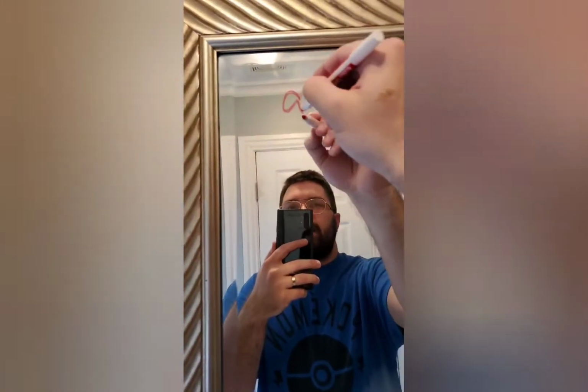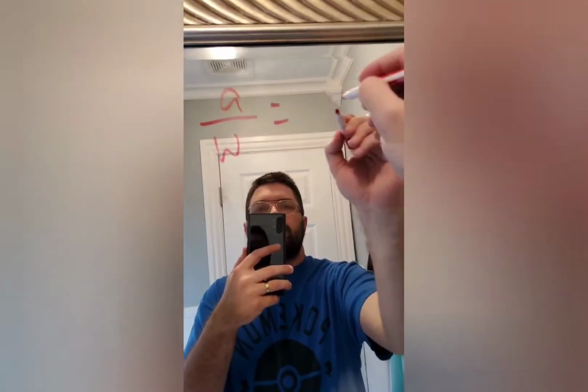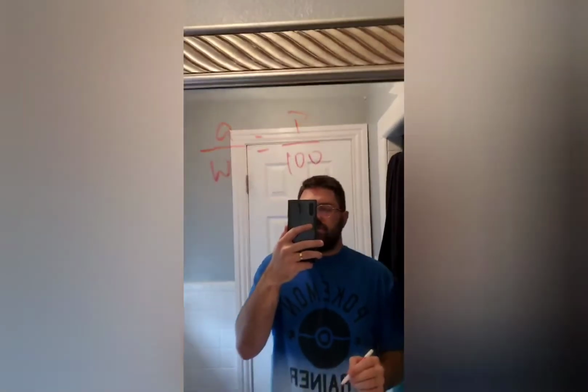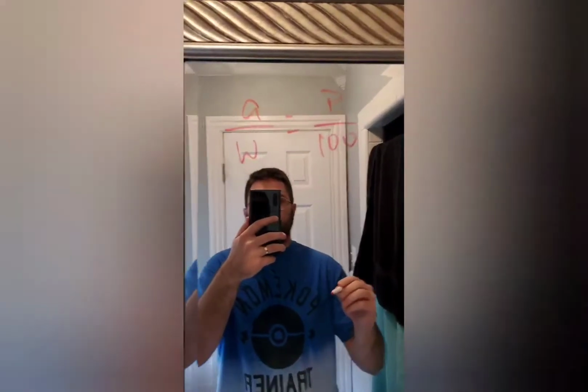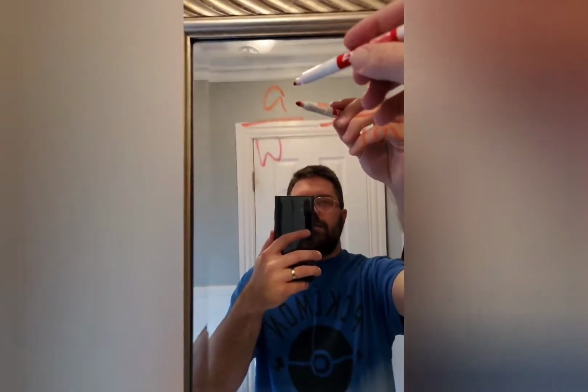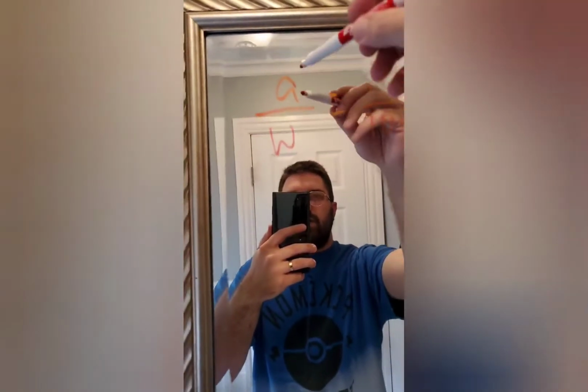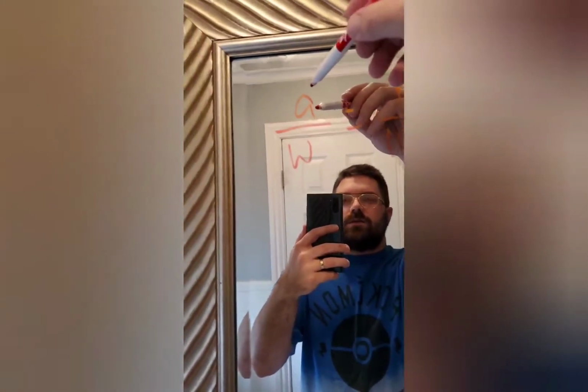A cool formula to find percentage is A over W is equal to P over 100. So some definitions for these letters are A is the amount that you're talking about. W is the whole, so you have the amount, which is part of a whole.